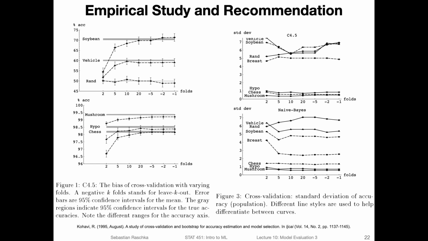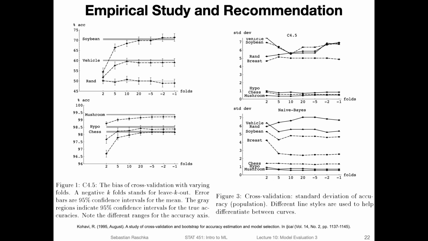But let's take a look at an empirical study and some recommendations by Ron Kohavi. In this study, Ron Kohavi took a look at k-fold cross-validation and compared it to leave one out cross-validation to make some recommendations on which one to use in practice for classification.